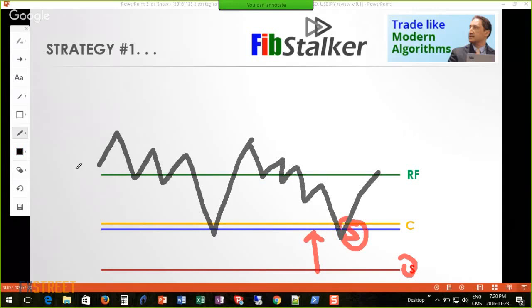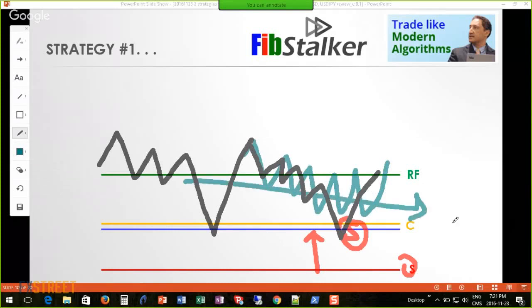In fact, you will see that a lot when a valid 50% level in the FibStalker methods, or any other area that you use to enter your markets, is actually tested. Very often you will see a market that moves laterally and can retest the level a number of times.